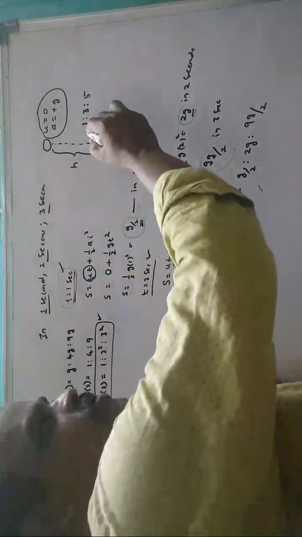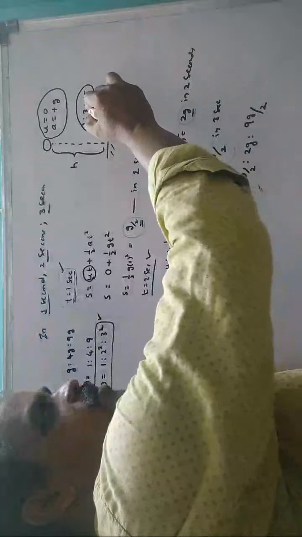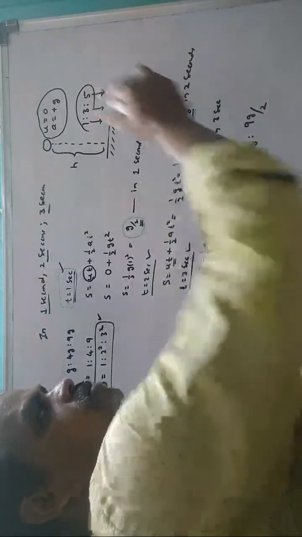In the last class it was 1 is to 3 is to 5, for the first second displacement, second second displacement, third second displacement.